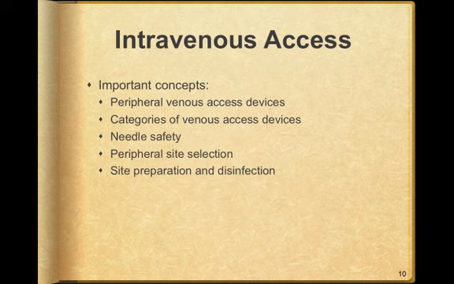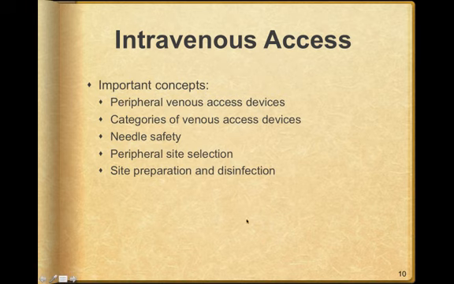Intravenous access. Again, this is going to be a skill, but there are important concepts to understand about it. Peripheral venous access devices, what access devices you actually have. The categories of venous access devices include over the needle, butterfly, and needle over the catheter, so be familiar with those. Needle safety, be sure and do not get stuck. This is the easiest way to expose yourself to HIV and other bloodborne pathogens. And then site preparation and disinfection.